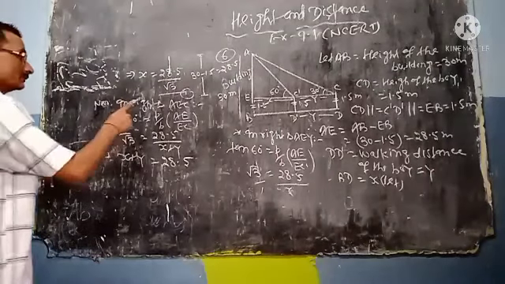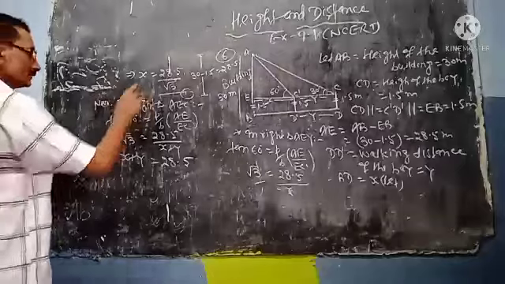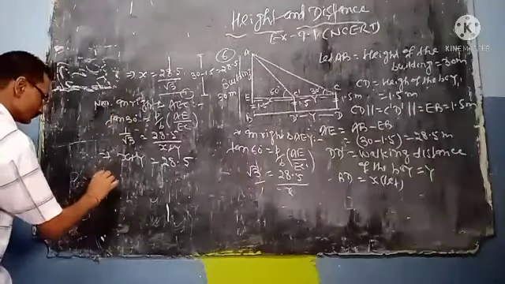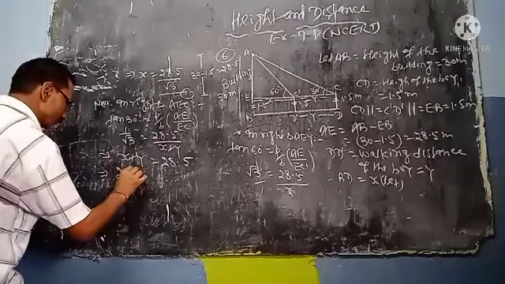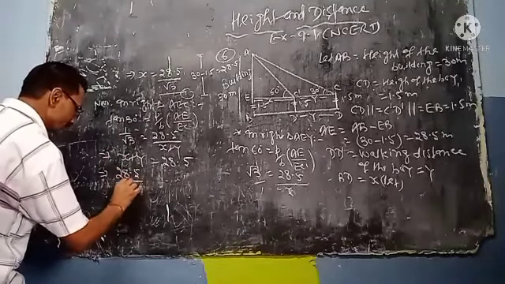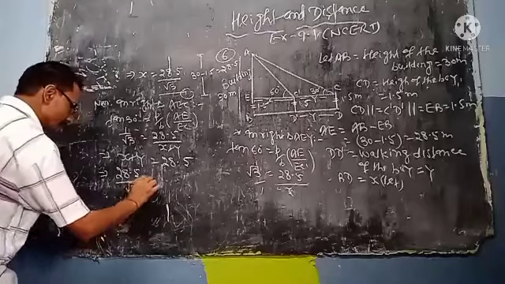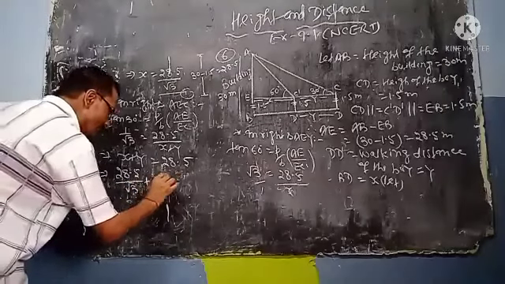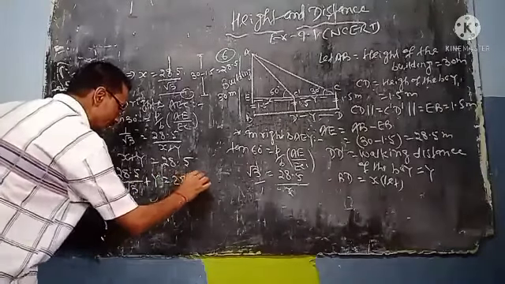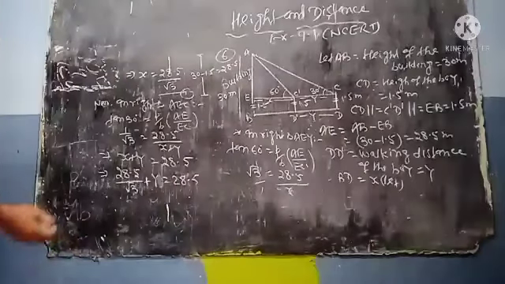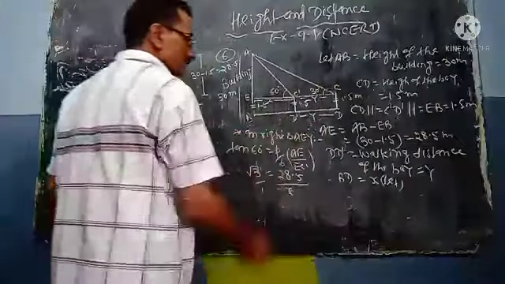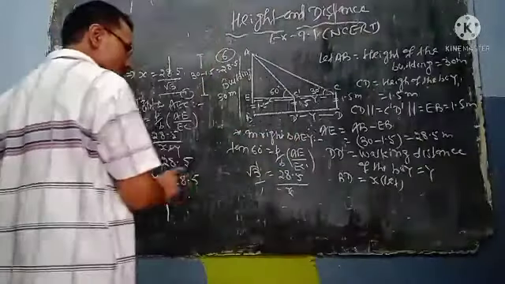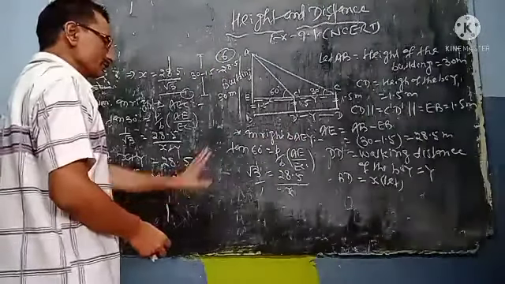Now putting the value of x which we already have, this will be 28.5 divided by under root 3 plus y equals 28.5. Now please write down this part. I will erase this part and soon after I will solve the remaining portion from here.